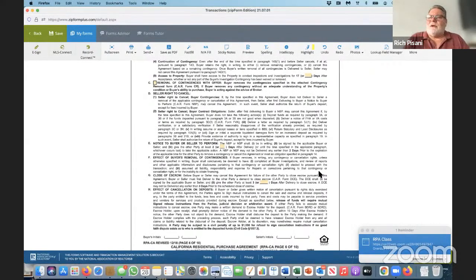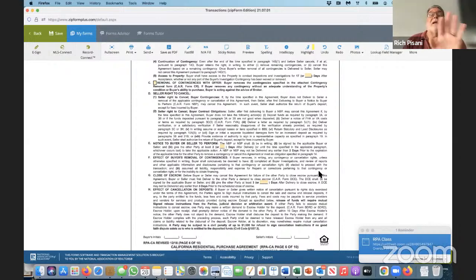Let's say I waived all my contingencies, but I decide to buy a brand new car in the middle of the escrow and now I don't qualify for the loan anymore. Do I get the deposit back? No, because you don't have a loan contingency. So that's not a tricky way that people can get out of escrow. That's just them being stupid and losing the deposit.